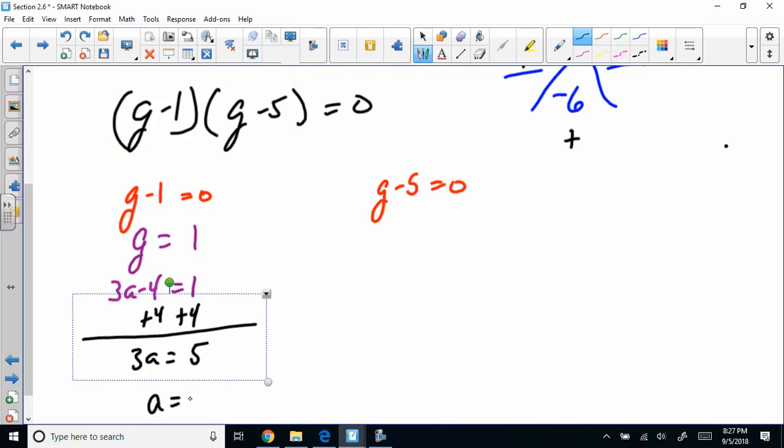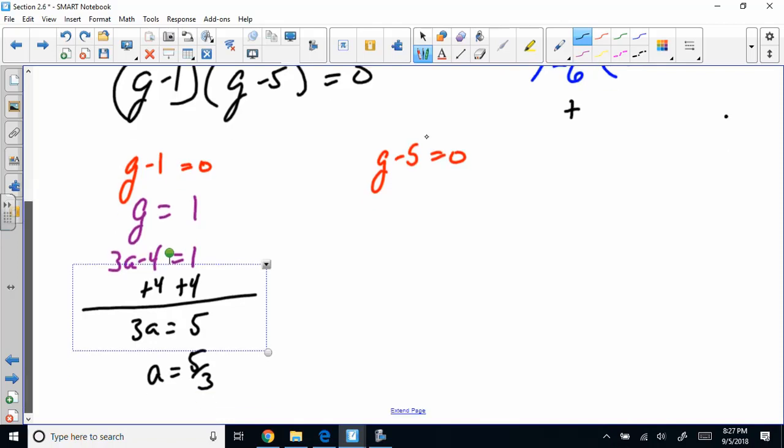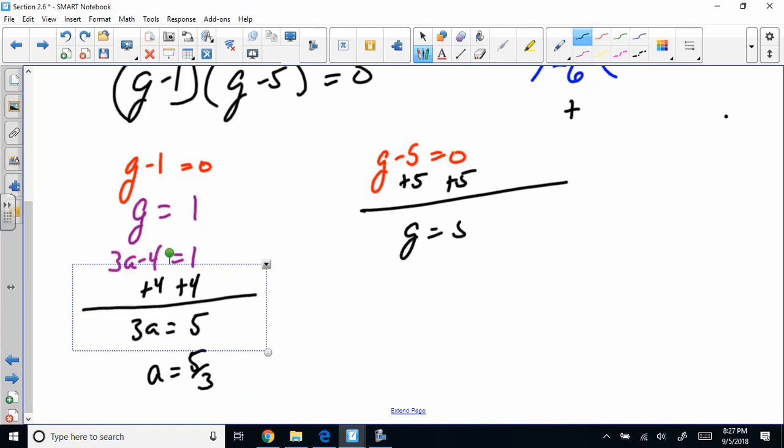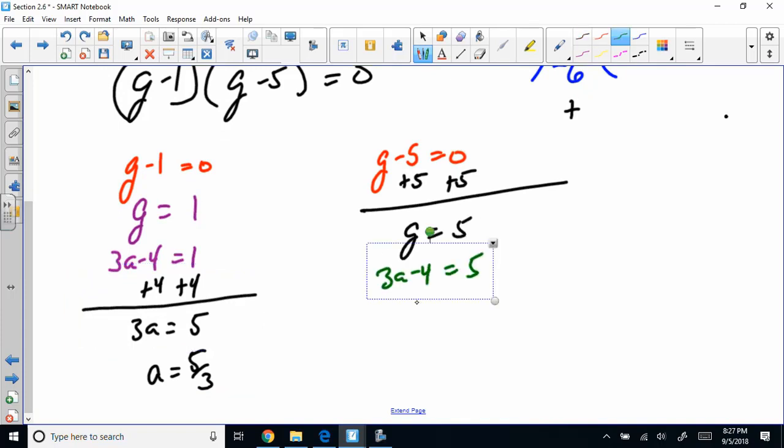Ladies and gentlemen, a equals 5/3, right? And then, of course, this one, plus 5, g equals 5. And then I go 3a minus 4 equals 5. So that's plus 4. 3a equals 9. Ladies and gentlemen, a equals what? 3.